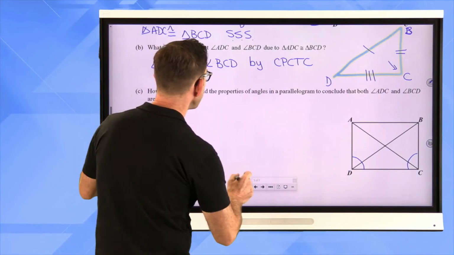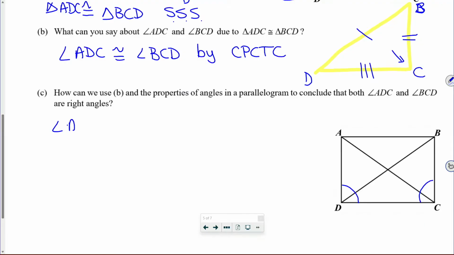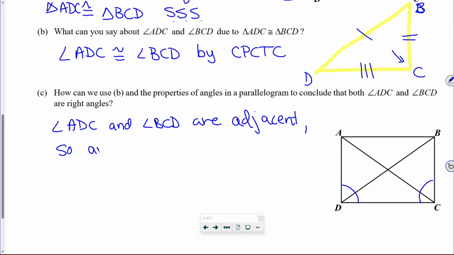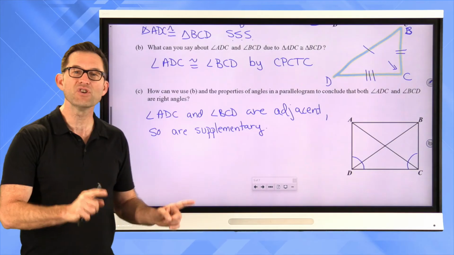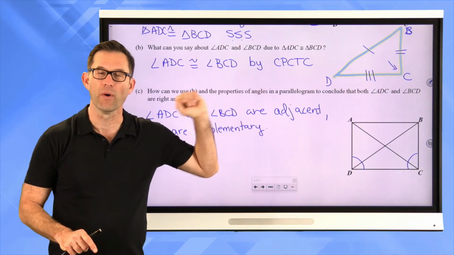All right, so let's get that down, right? Angle ADC and angle BCD are adjacent, so they are supplementary. All right, but we just proved that they were congruent.